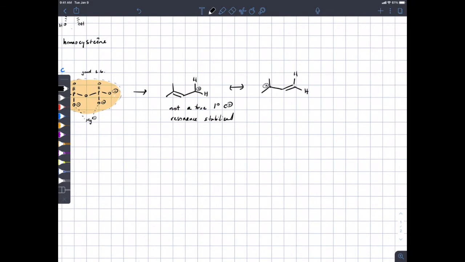One of the most common is for this pyrophosphate group once it has left. There are a lot of different ways to abbreviate it. Here's the pyrophosphate group, probably chelated again to magnesium. It's easy for the leaving group to hop off and then hop right back on. That looks like a lone pair.